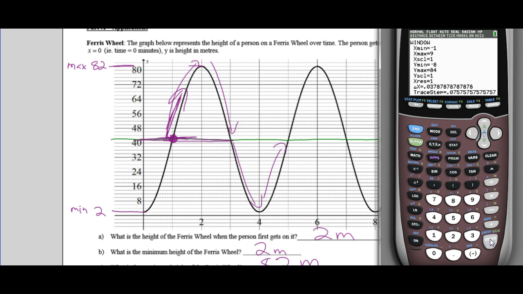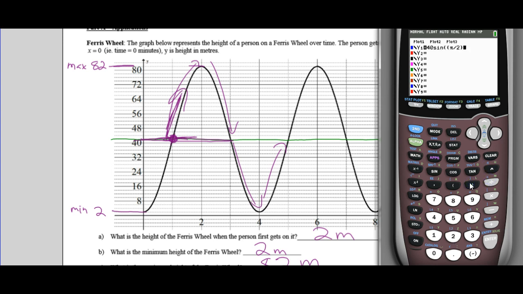And what's our scale? 2's. Okay, so go by 2's. Never touch the x-res or anything else there. Okay. Go to y equals. Now we want to put in the equation that we just came up with, right? Which was what? 40 sine. Okay, let's put a bracket down and we'll go second function pi divided by 2.